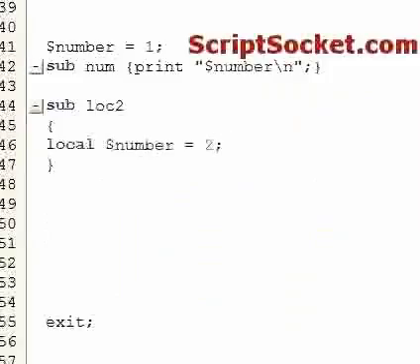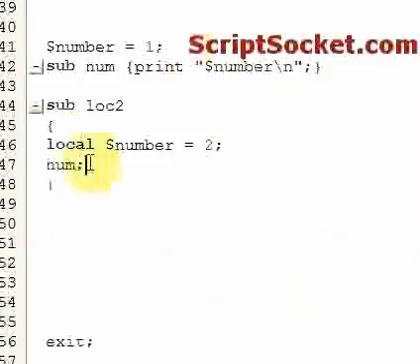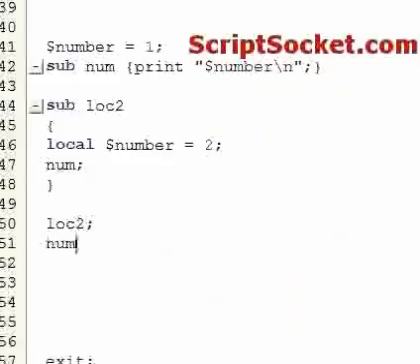Let's call the other subroutine from inside the subroutine. Now let's call our subroutine loc2 and call our subroutine num. Okay, so number equals 1. So first of all, loc2 gets called, so that's saying that locally the number equals 2.